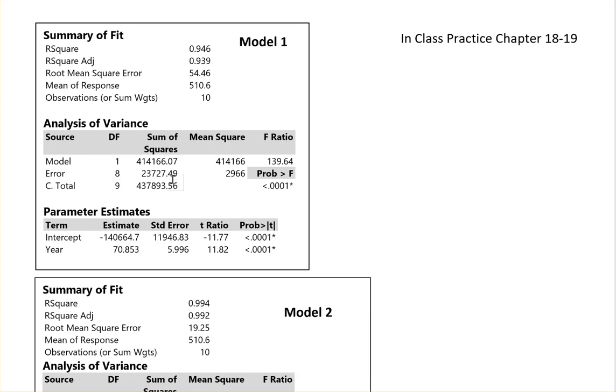The ANOVA table will tell you about the variance of y. Where does the variance of y come from? It comes from the model and from the error, and you have the total variance. And then the next table is the parameter estimates, which will give you the detailed sample equation.